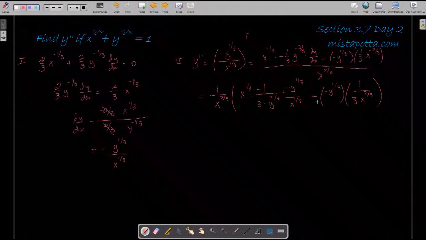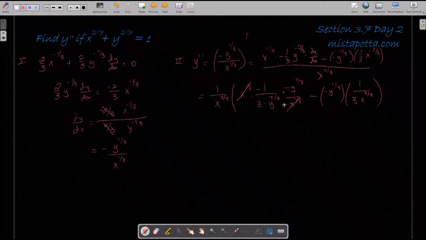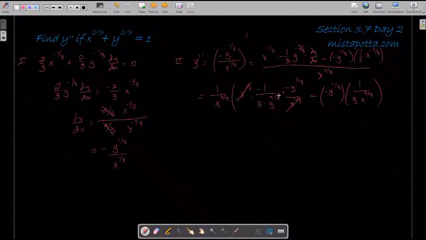Number one, I do have a common factor here and here, so I can divide that out. Number two, I do have a common factor in the numerator and denominator here in the case of the y to the 1/3 power. So I could really think of this as just being y to the 1/3 power.